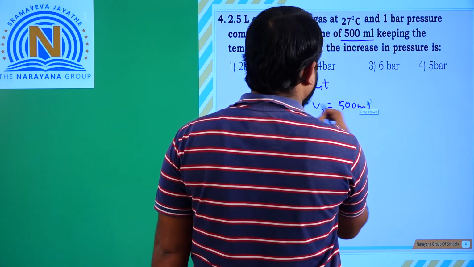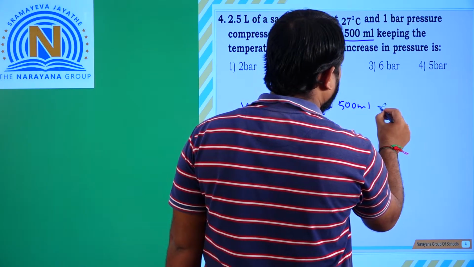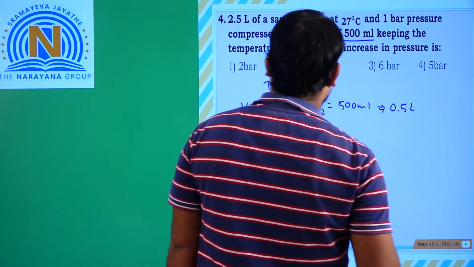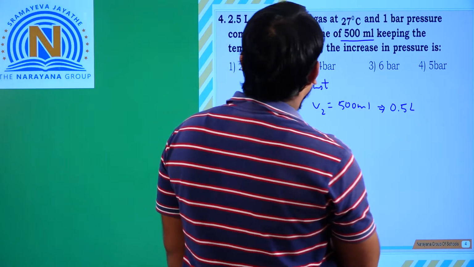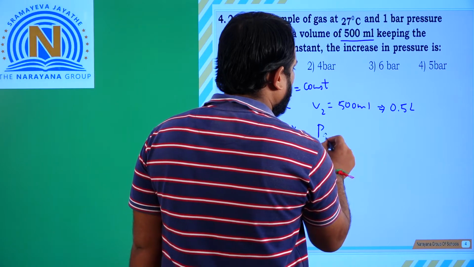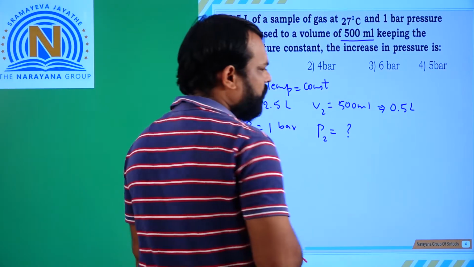Since here liters and there ml, I am converting this ml into liters, so that is 0.5 liters. We want the increase in pressure, so we should find P2.